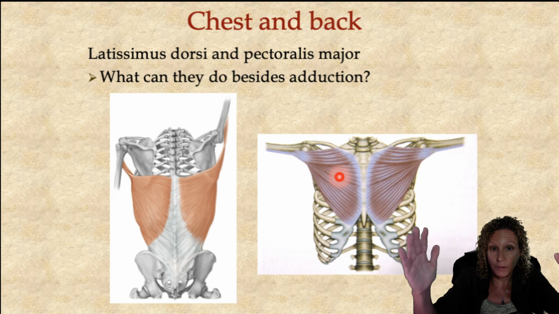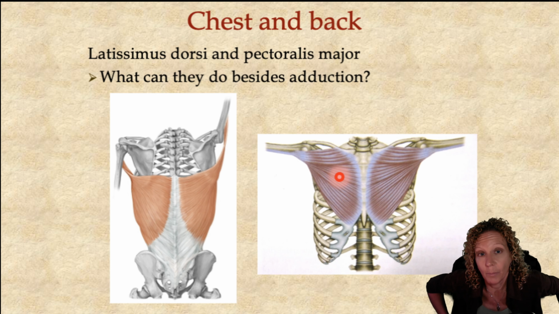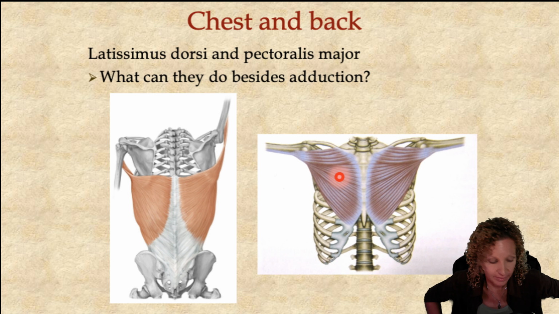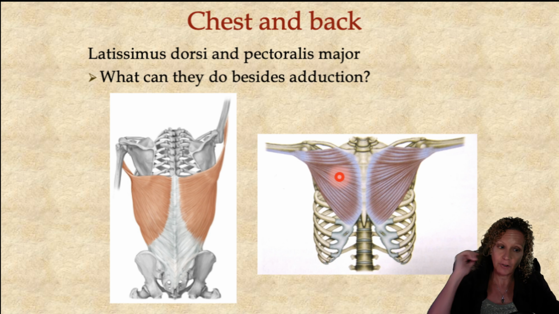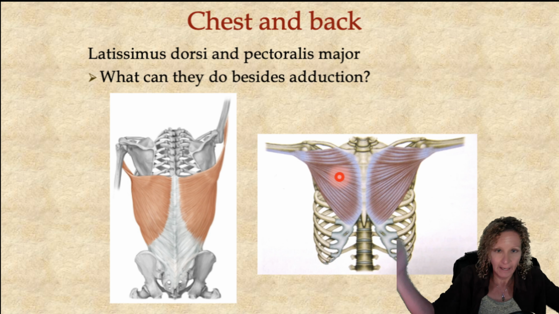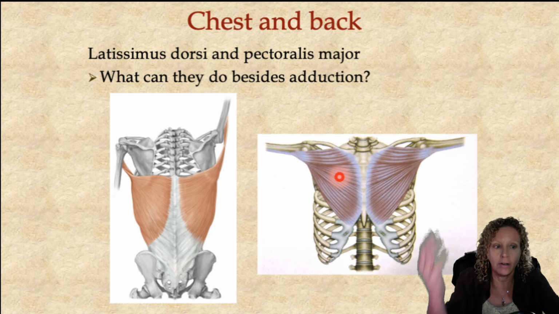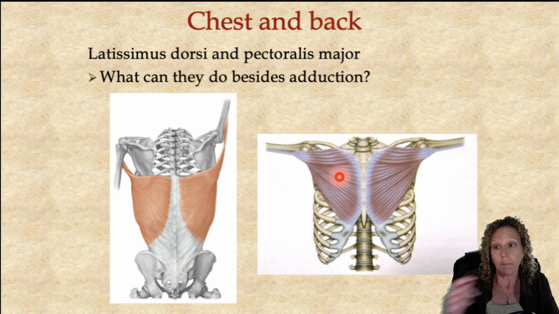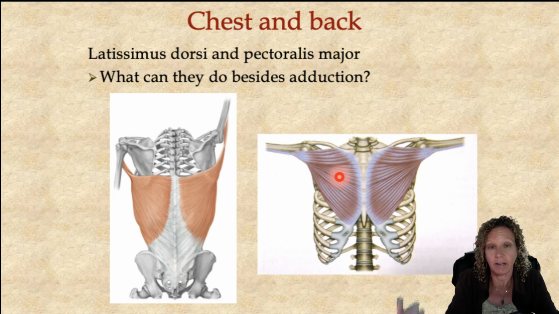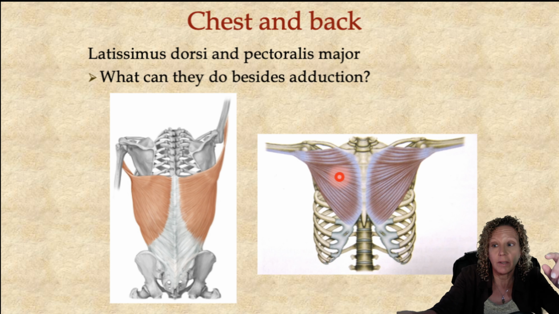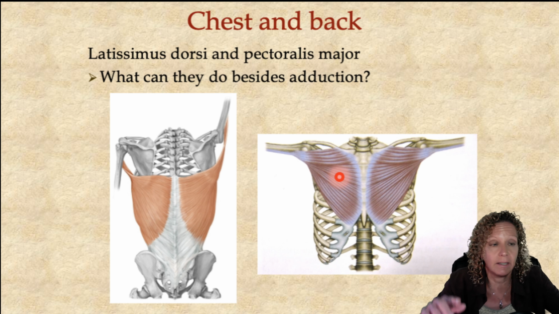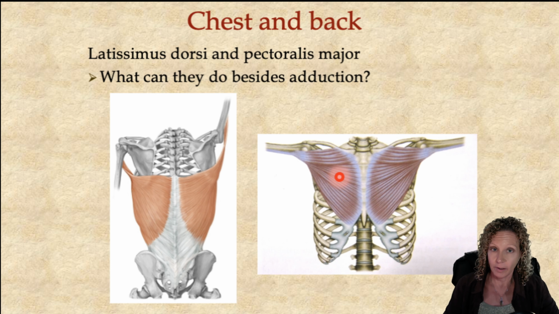With the latissimus dorsi, it's pulling backwards on the humerus, and the pectoralis major is swinging things forward, like throwing a ball underhanded. So the pectoralis major is flexion of the humerus, and the latissimus dorsi is extension of the humerus, pulling things backward. It ends up being the power stroke for swimmers.